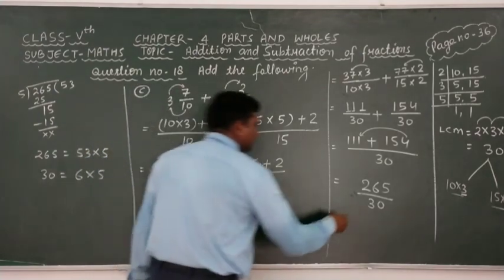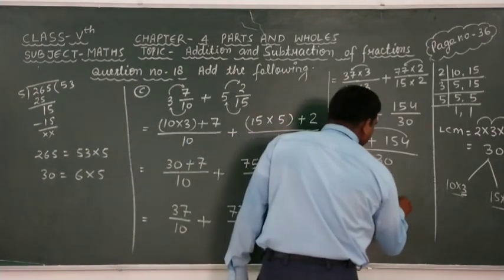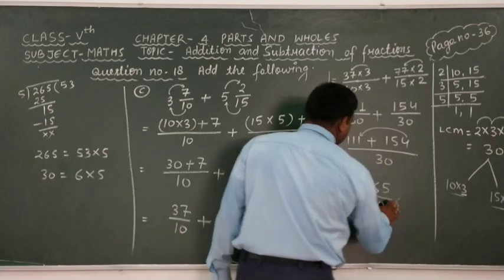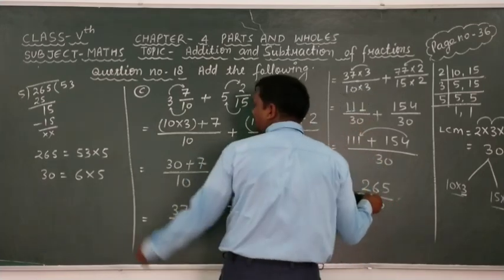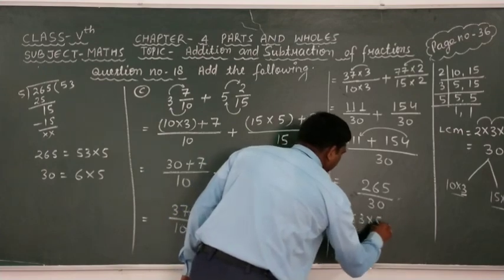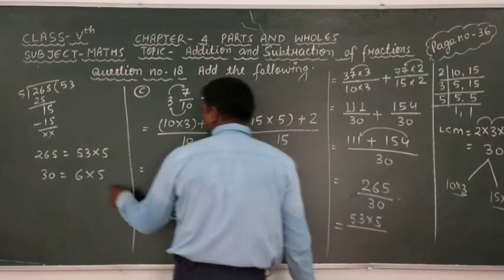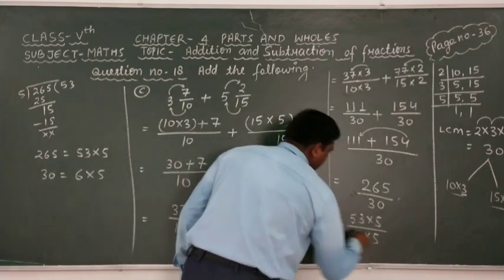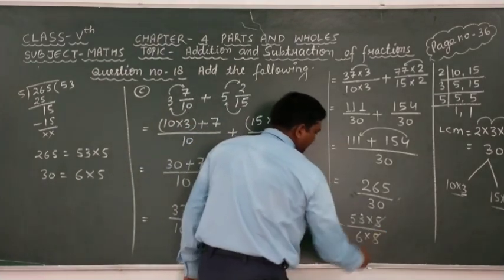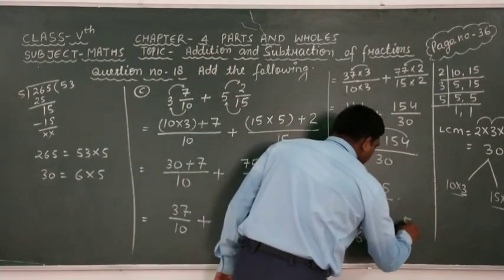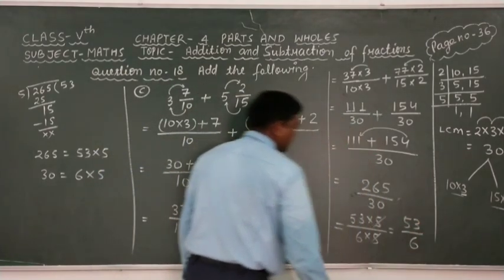Here we can write 5 into 5 in place of 25, 6 into 5 in place of 30. Okay, 5 cancel out, then we get 5 over 6.